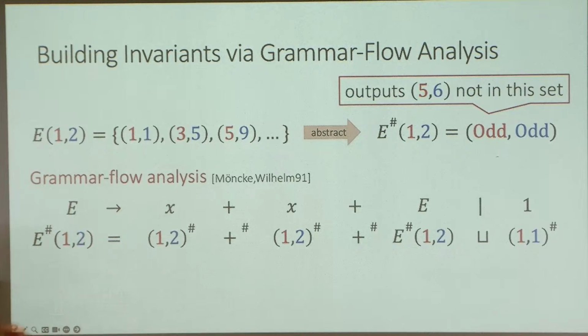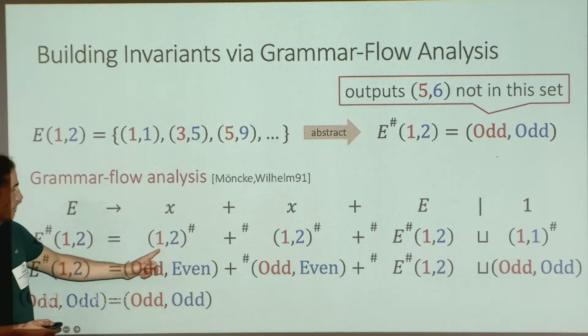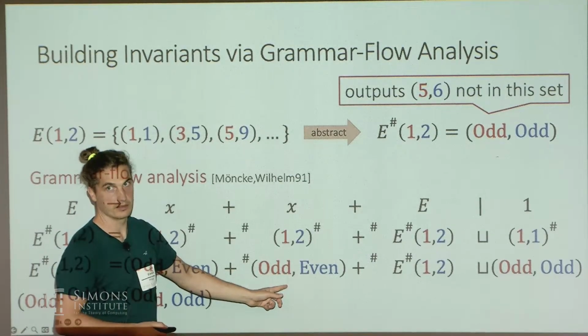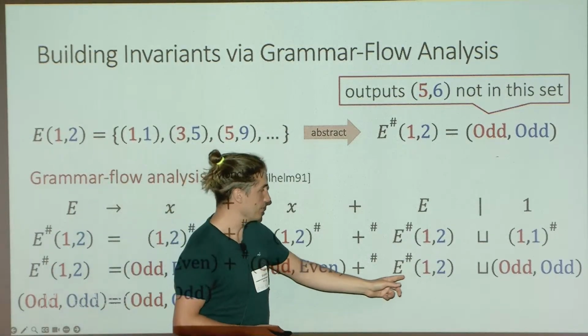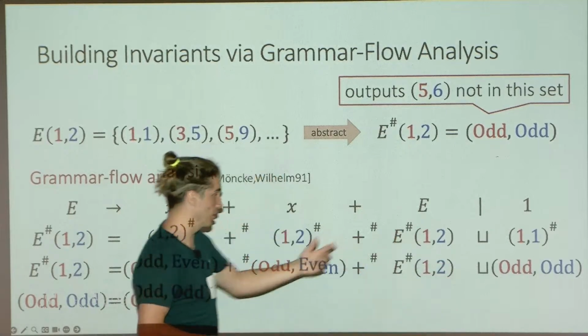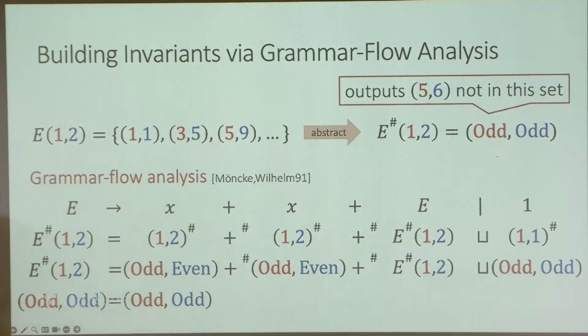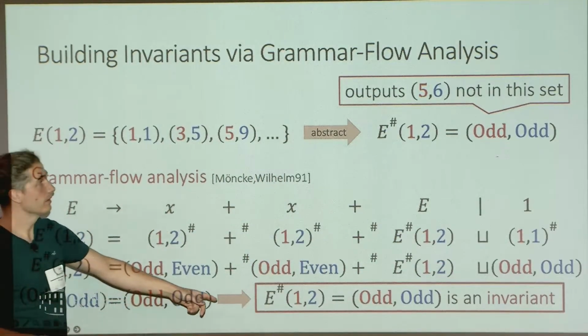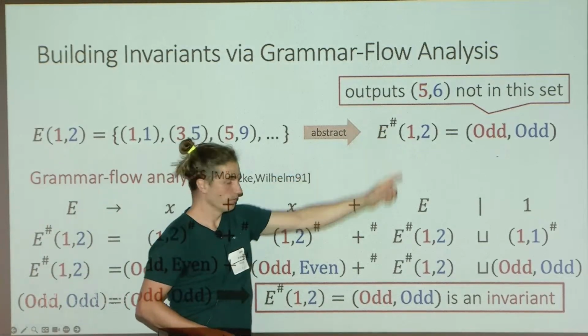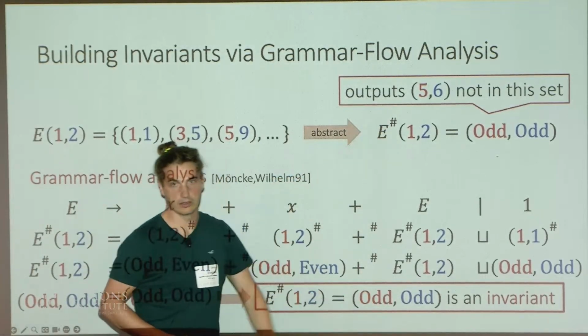It's pretty easy to convince yourself: 1, 2 is odd, even; plus odd, even is even, even; and even plus odd, odd is odd, odd. The join with odd, odd is odd, odd. Therefore this is a solution, therefore this is an invariant, and therefore 5, 6 cannot be in odd, odd.